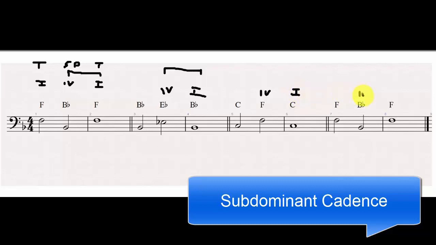And 4-1. Well, obviously we've gone through another key here, haven't we? So what's this key? Well, it's obviously B flat, and this key is obviously C. So that's a 4-1 in C. So these are all subdominant cadences. Okay. 1-4-1s. So hope you understand that. So we'll carry on now to the next one.